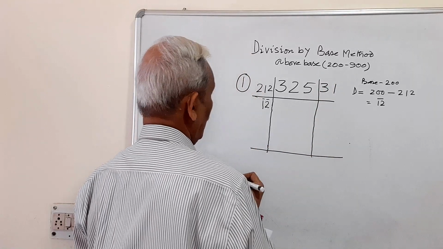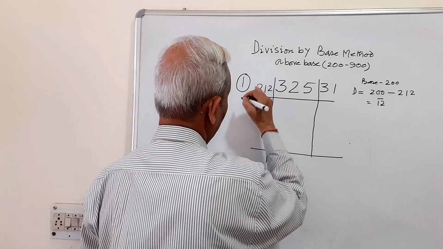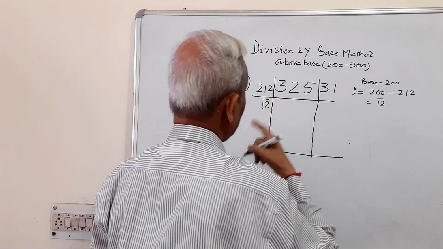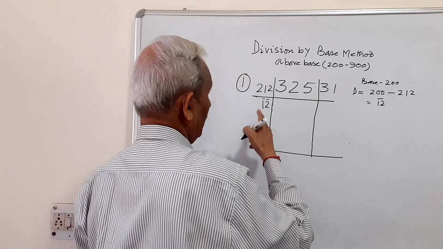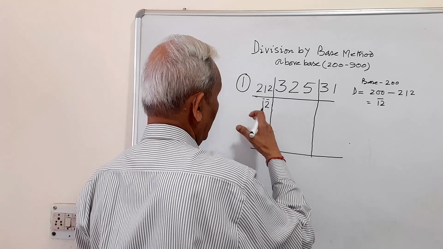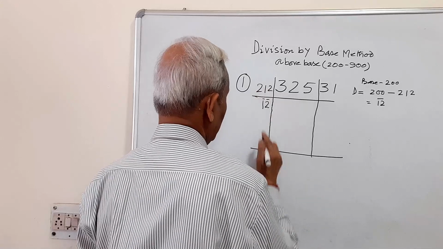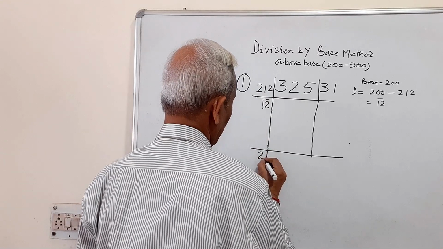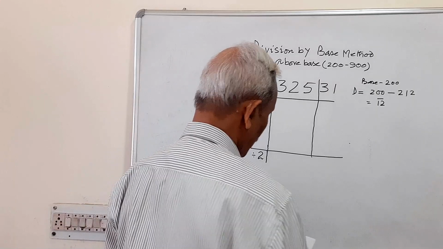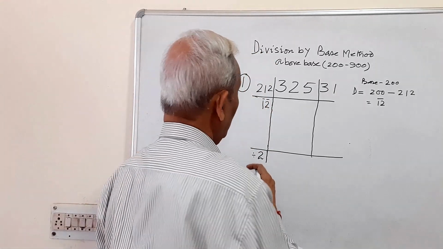Okay, so now let us start doing the problem. We'll divide it by the 2, the first digit of the divisor. If the divisor is more than 100, like 200 something, 300 something, we'll take the first digit of the divisor, that is the 2. We'll divide by 2, right? So here we need to follow the same method that I told you earlier.